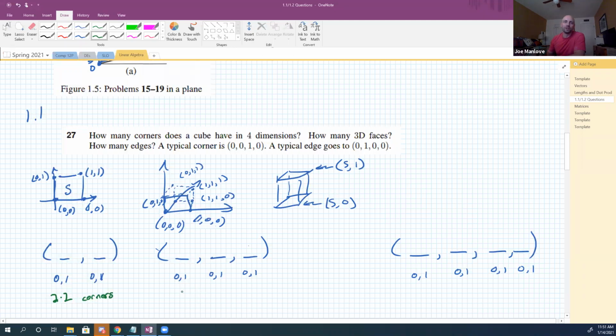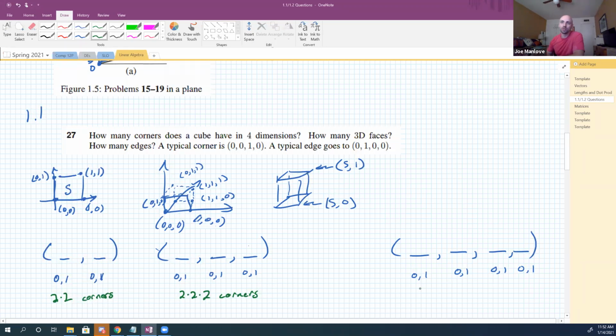In the 3-dimensional space, it's 2 times 2 times 2 corners. You guys see that? That's really that the corners are the old corners with 0 at the end, or the old corners with 1 at the end. You guys on board for that?